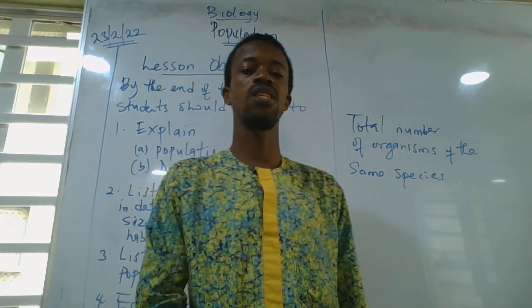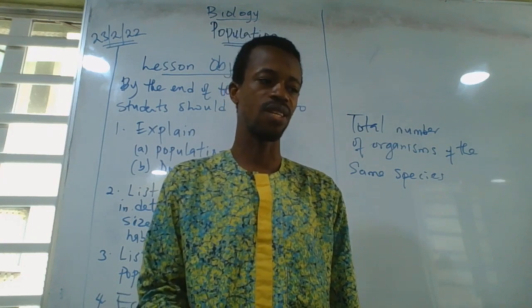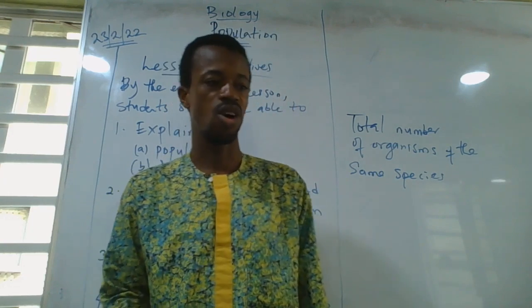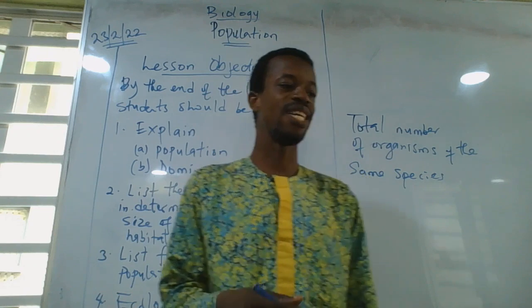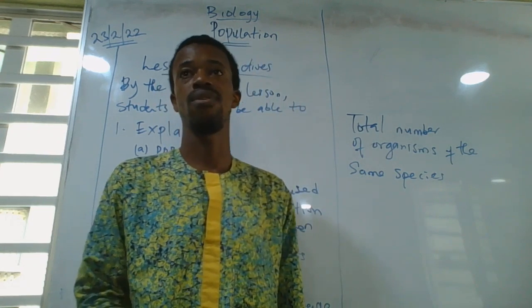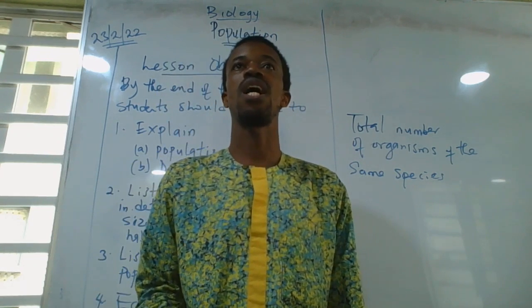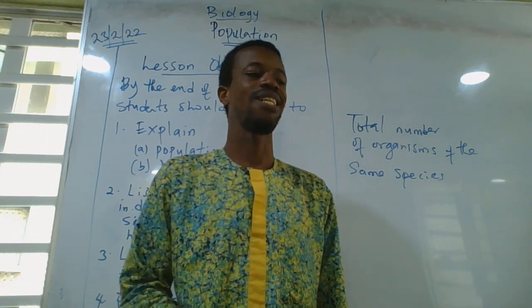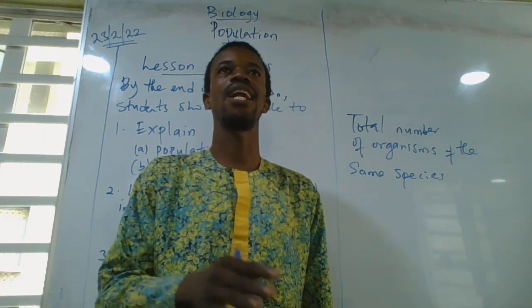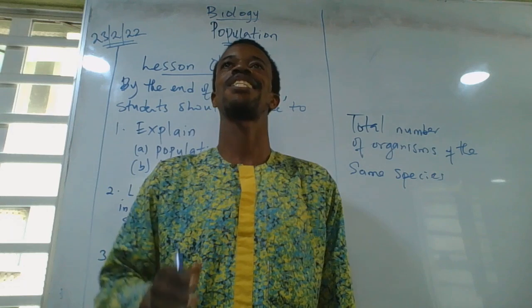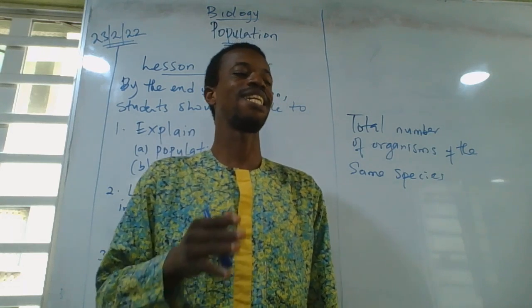So the first is population size. What is population size? The number of organisms of the same species living together in a given area at a particular time. Like for example, in a classroom where you have 50 students, that is population size. The number of students in that class is specific: they are 50 at that point in time.